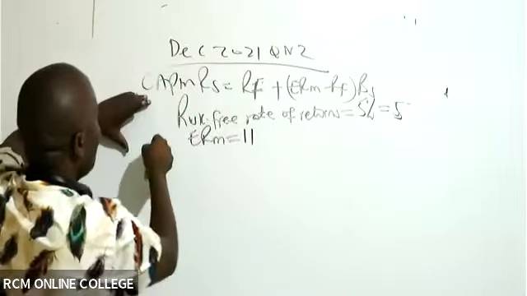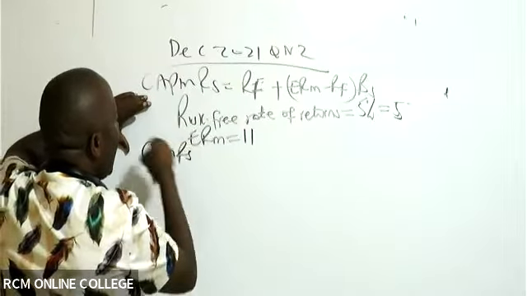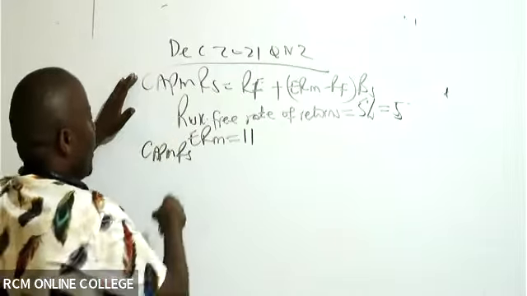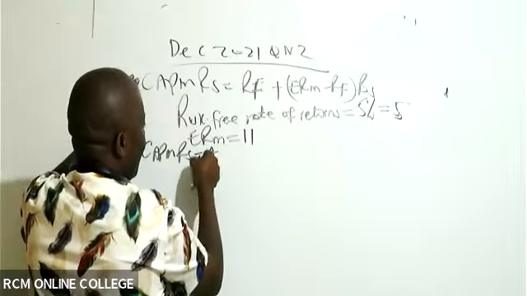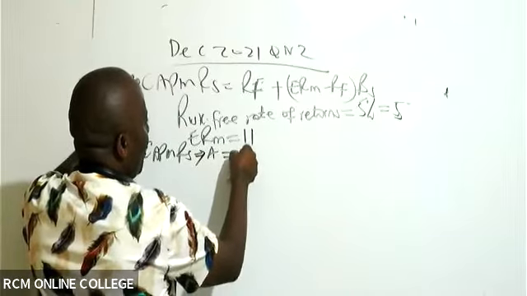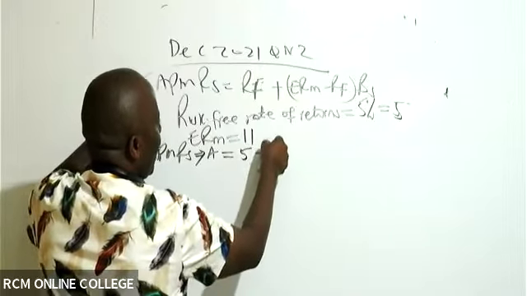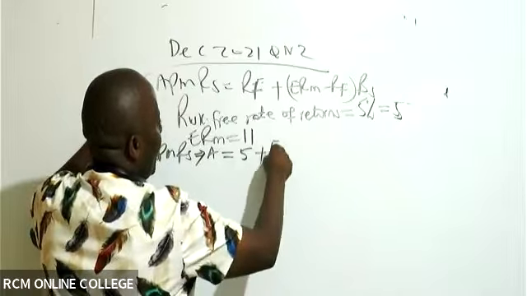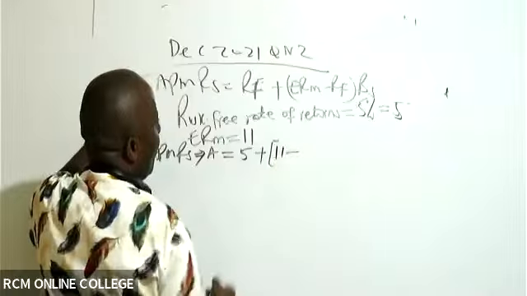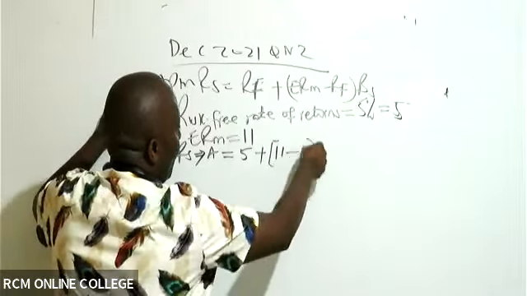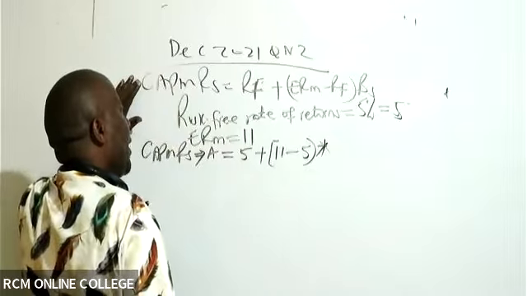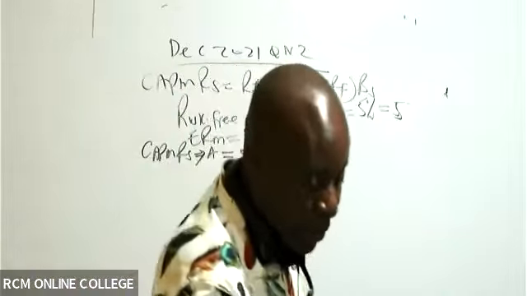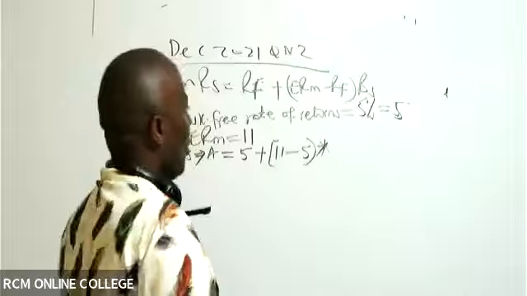Okay, let us start work. So now let us start with CAPM returns of the first security called A. For A, the risk-free here is 5 plus ERM, which is 11, minus RF, which is 5, multiplied by beta of A. The examiner has given us beta of A. In this table, the first beta there is beta of A, which is 1.5.